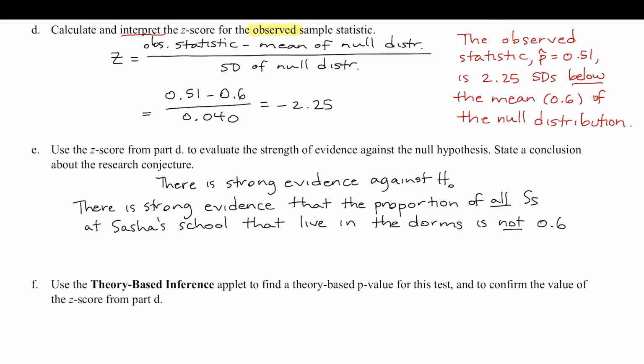So again, if we have strong evidence against H0, we have evidence against the proportion pi being 0.6, then our evidence suggests that the proportion is not 0.6.